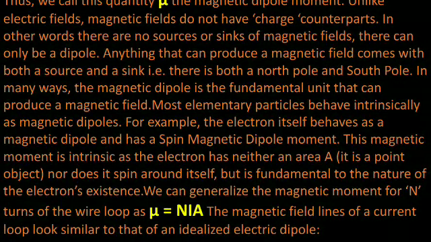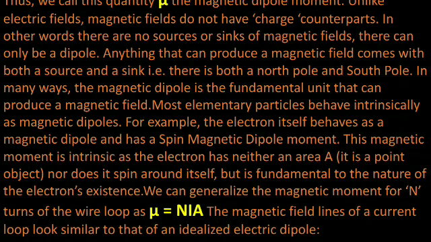So we call this quantity the vector mu, the magnetic dipole moment. Unlike electric fields, magnetic fields do not have charge counterparts. In other words, there are no sources or sinks of magnetic fields.